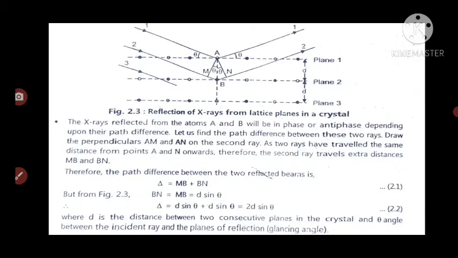This gives the path difference between the two reflected beams. The X-rays reflected from the atoms A and B will be in phase or in anti-phase depending upon their path difference.